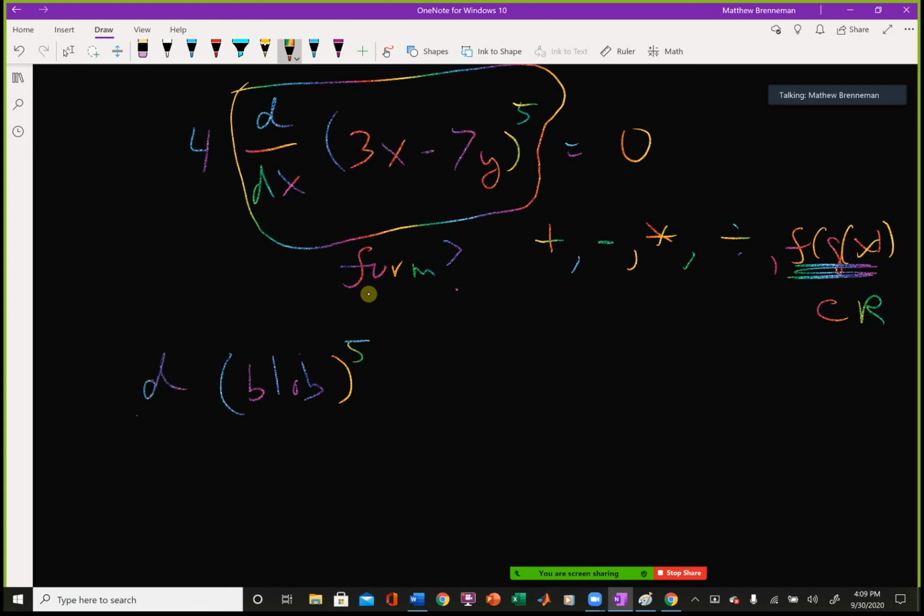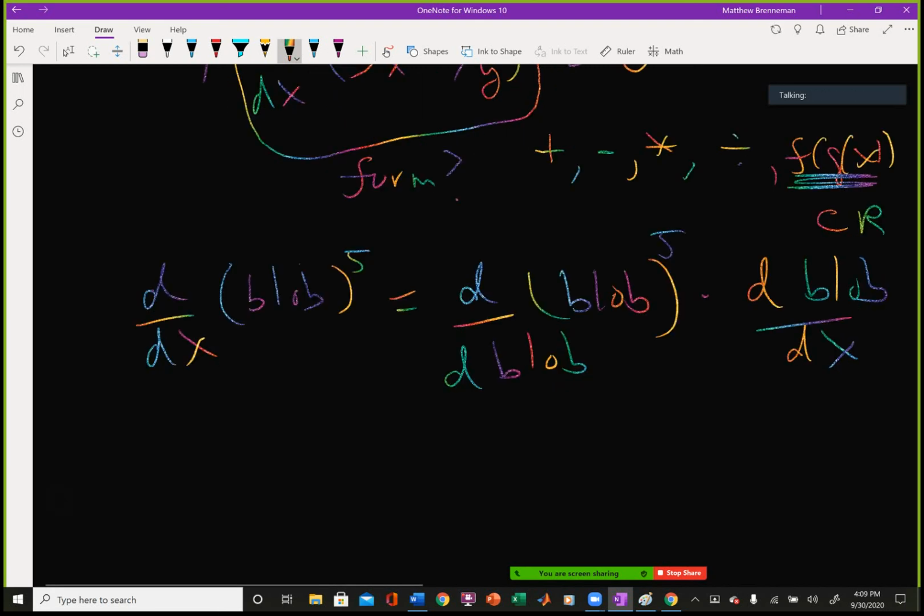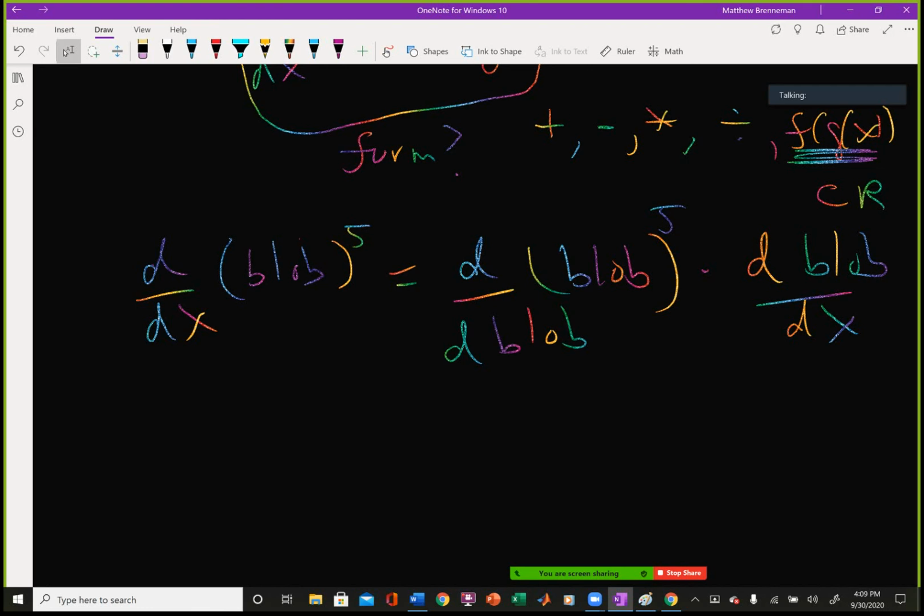And so now I'm going to use this second way of thinking about the chain rule, right? I'm going to say, if I take the derivative of blob to the 5th with respect to blob, and multiply it by the derivative of that inside function blob with respect to x, I'll get my answer. And this part's easy, right?